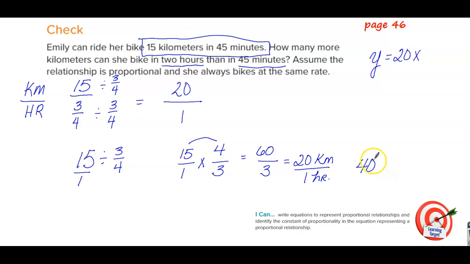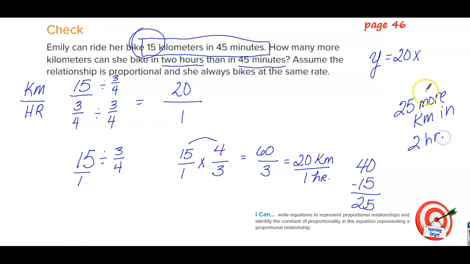And how much more is 40 than the 15 she did in 45 minutes? 25. So the answer is she can do 25 more kilometers in 2 hours. Pretty tricky.